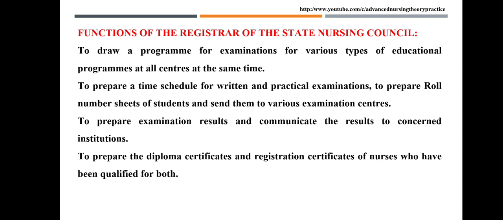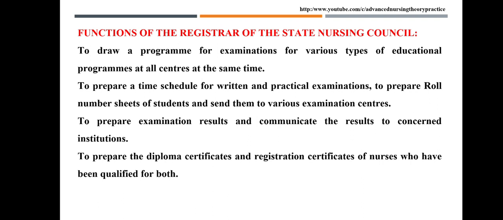Number first is to draw a program for examination for various types of educational programs at all centers at the same time. So examination, its conduct, then notification of examination, then issuance of roll number slips, then administration of examination centers, etc., is everything in the hands of registrar.